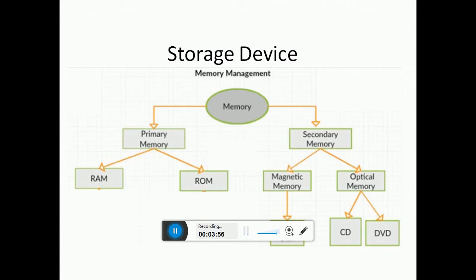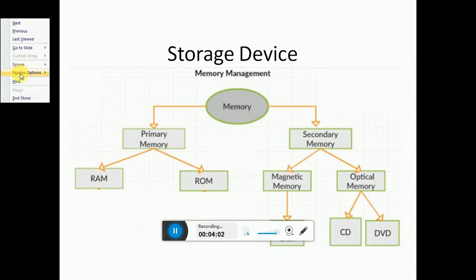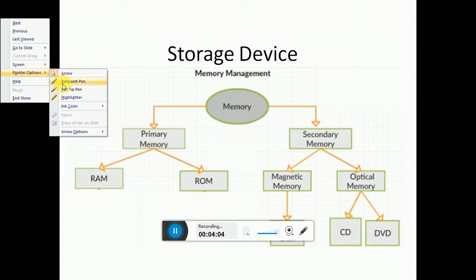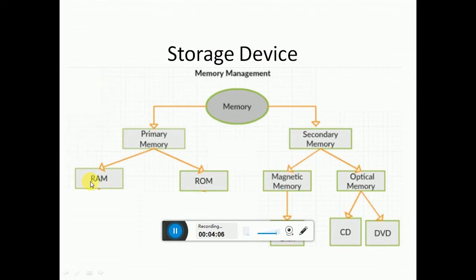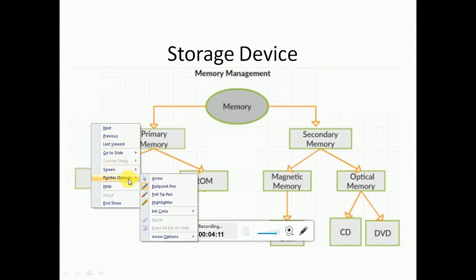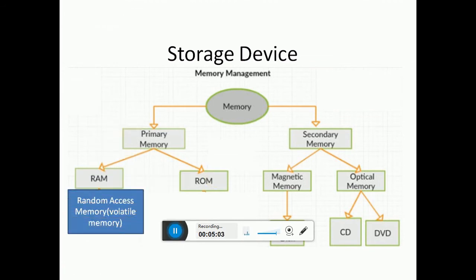Primary memory is again divided into two types, that is RAM and ROM. The full form of RAM is random access memory.